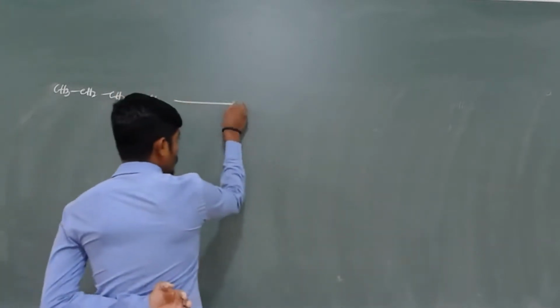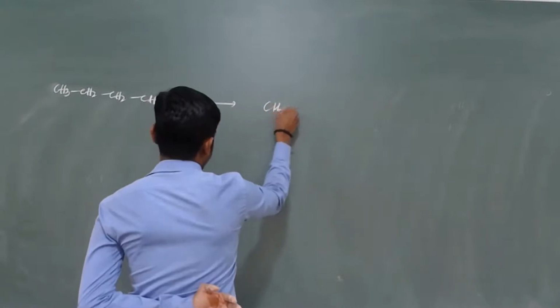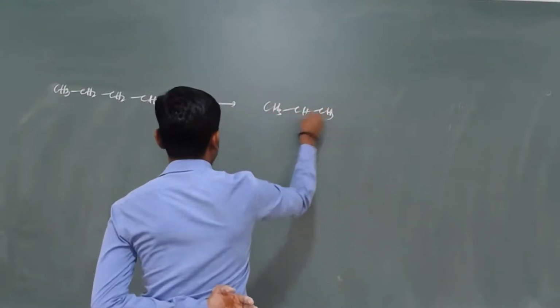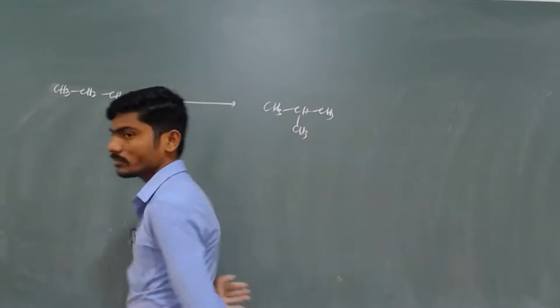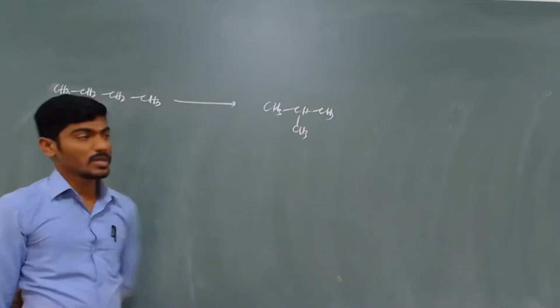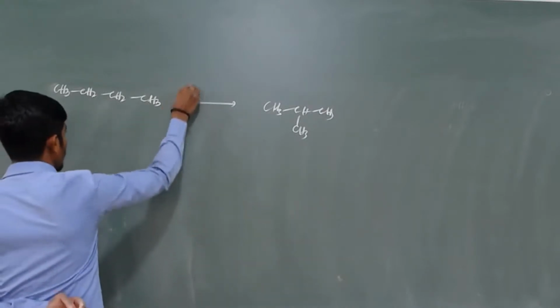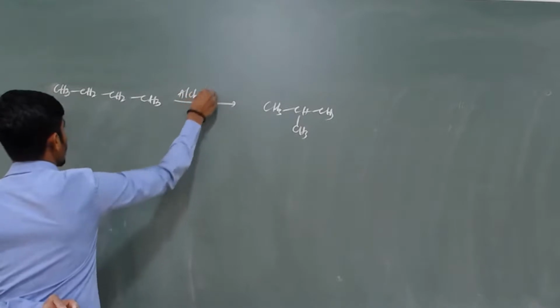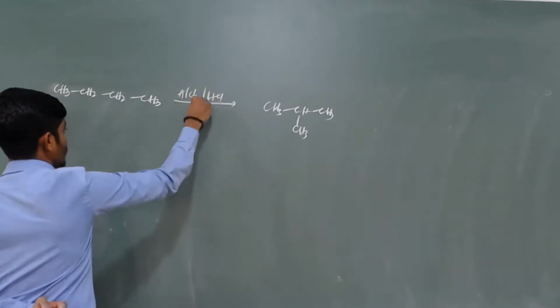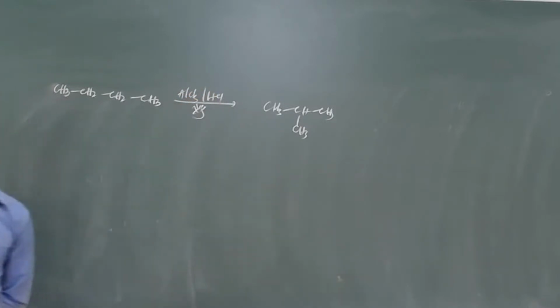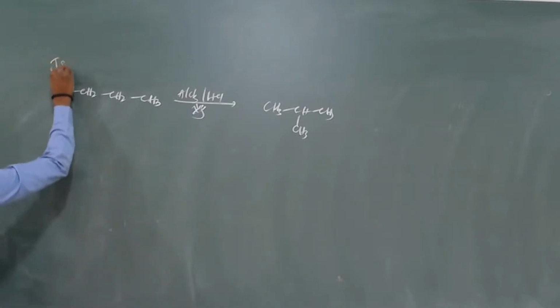When it is converted into isobutane, CH3CHCH3CH3, both are isomers. The reaction which involves a change in the structural formula when the compound is heated in the presence of anhydrous aluminum chloride, anhydrous AlCl3, a Lewis acid, gives rise to isomers, meaning different structures. This reaction is called isomerization.